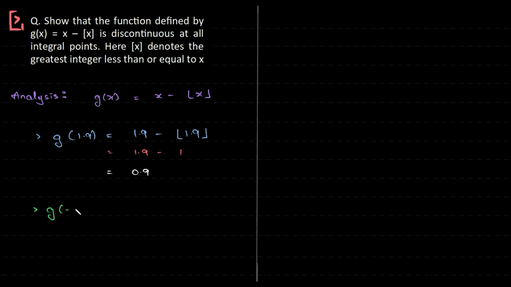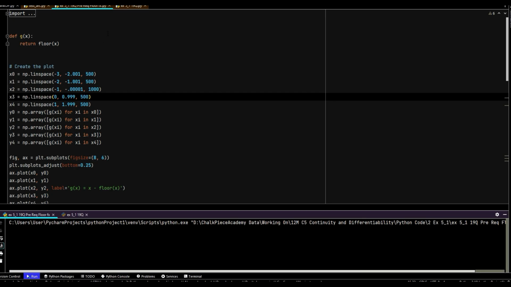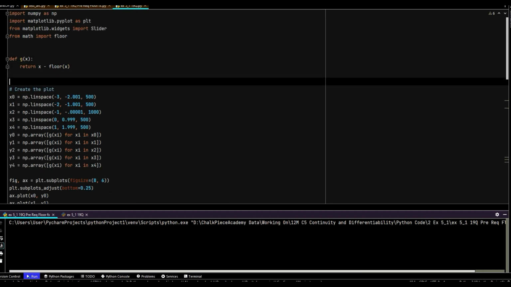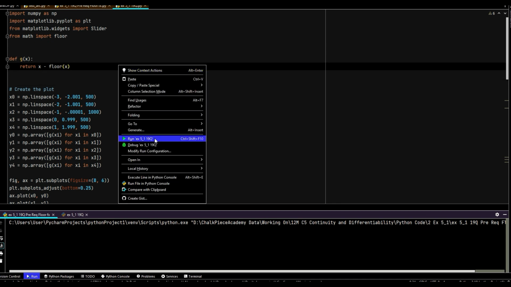Next, g of minus 2.3. Before this, I would like to show you the overall graph of g of x. x minus floor of x is your graph, as you can see. That's what I've defined over here.